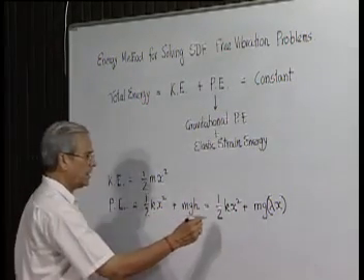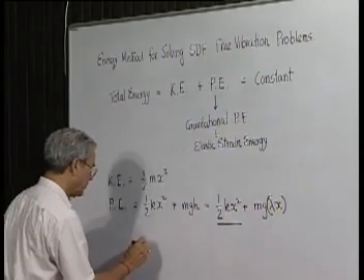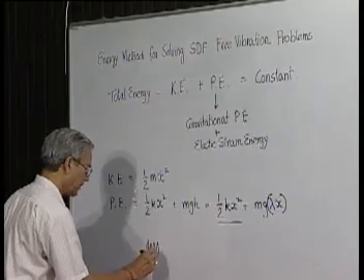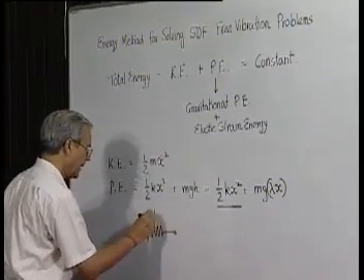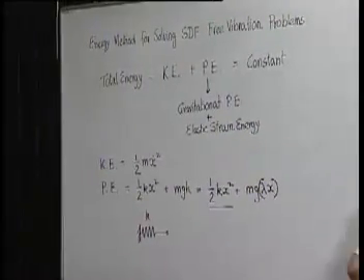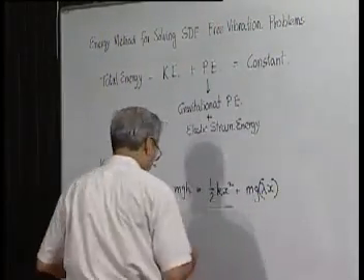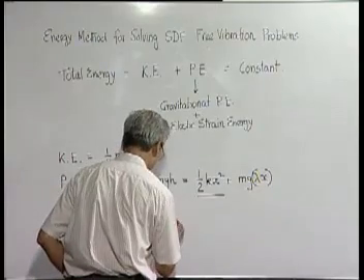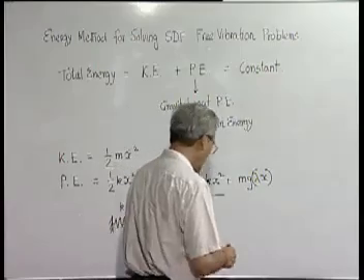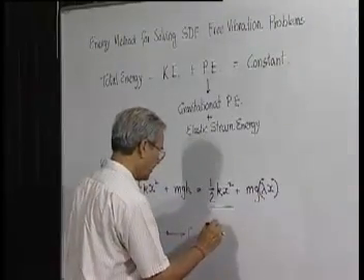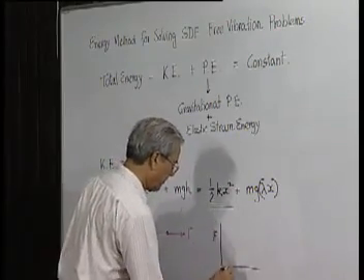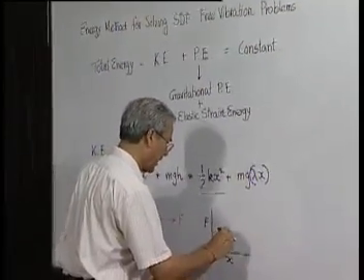Now I think this is well known, because we know that if we take a spring of stiffness k and then subject this to a force at any instant, then we know the plot of f versus x will be a straight line.